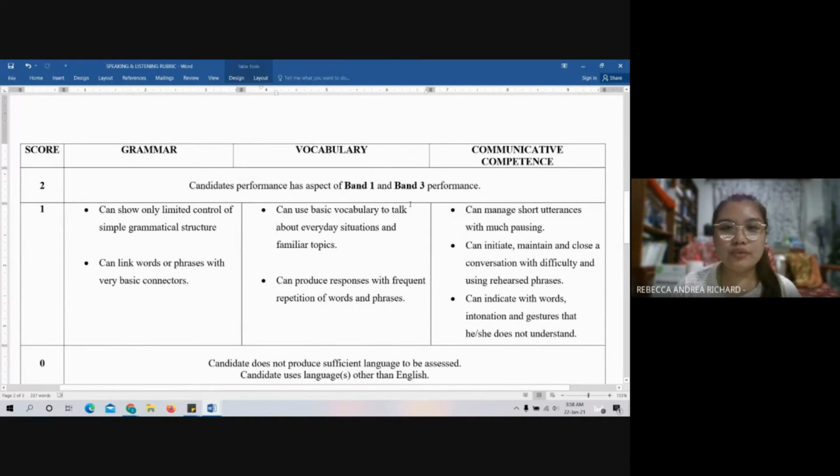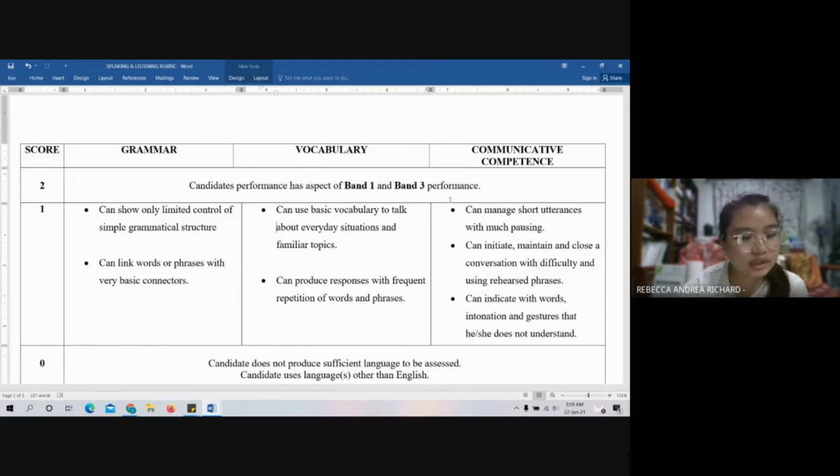Okay, so moving on to the speaking test rubric. Overall, this is our rubric. Before we start to explain band by band, or level by level, here is how we will evaluate the students.